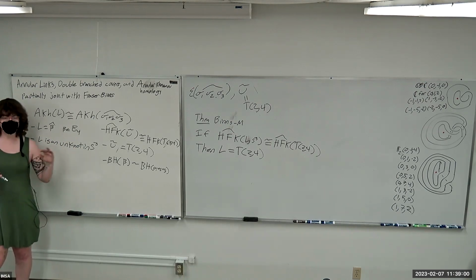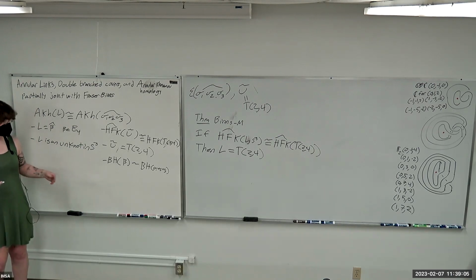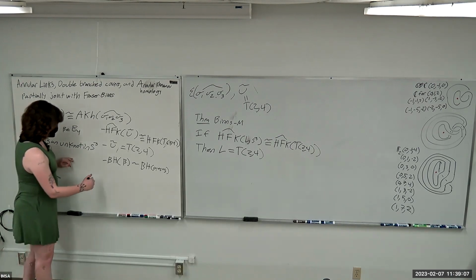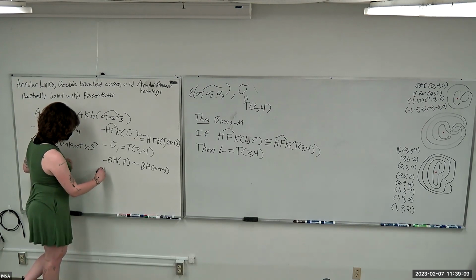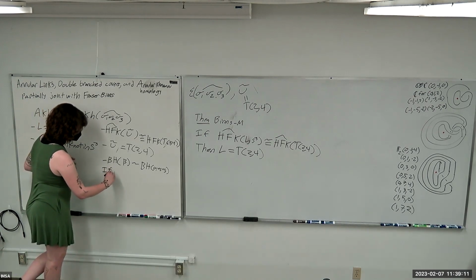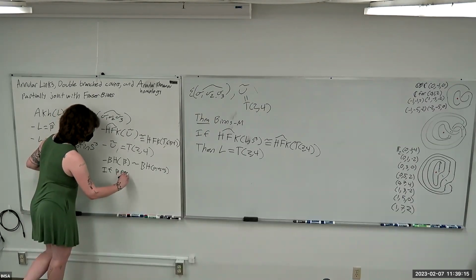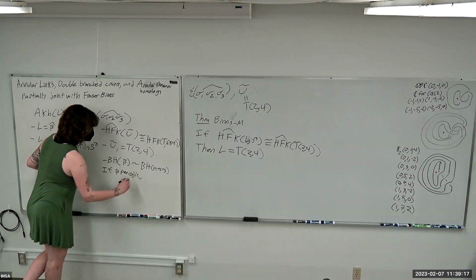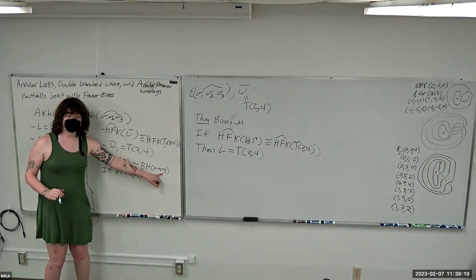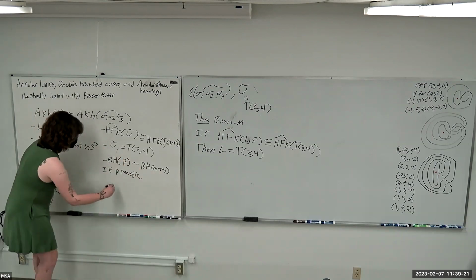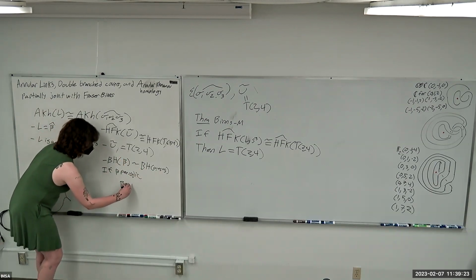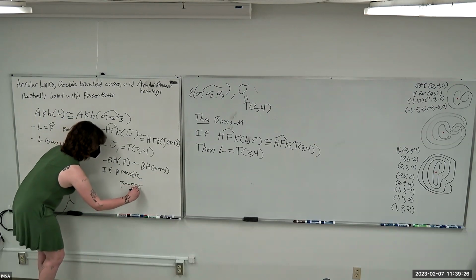And a proposition that maybe Fraser and I write in our paper is that if you have a periodic braid, which we do in this case, since sigma 1, sigma 2, sigma 3 is periodic, then this means that actually your braids have to be conjugate.